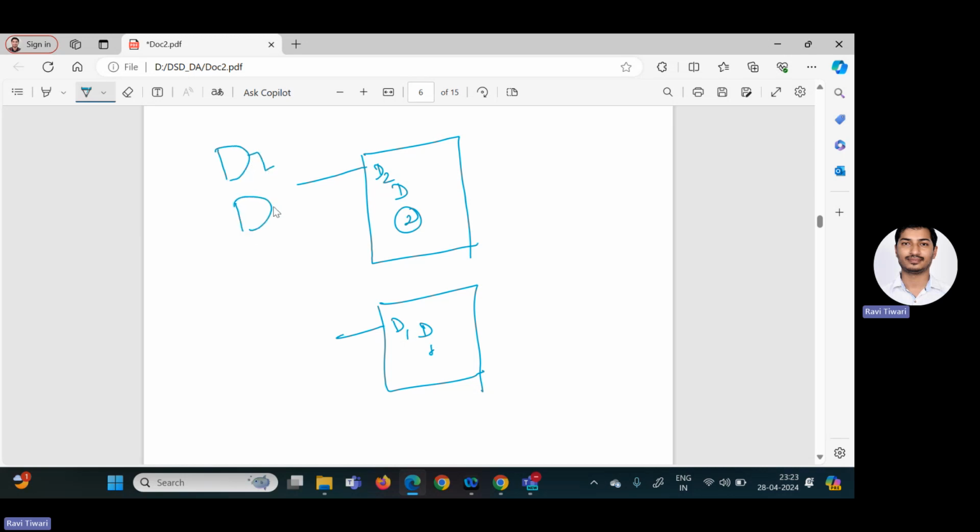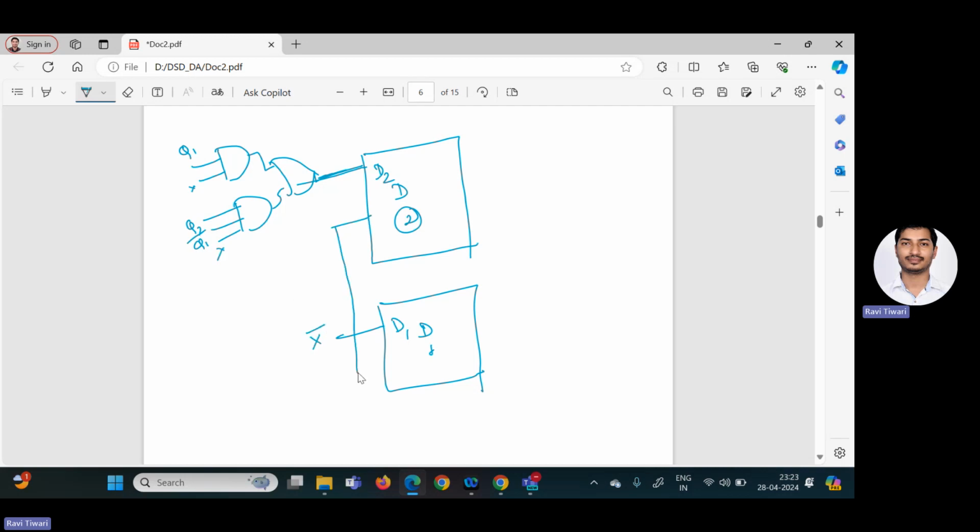Along with that, we have one OR gate, and that is connected as D2. So here the values you have to connect are: this is Q1, this is X, this is Q2, this is Q1 bar, this is X. Similarly, this is X bar.